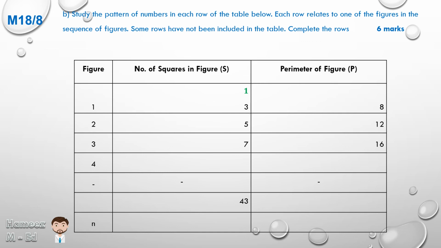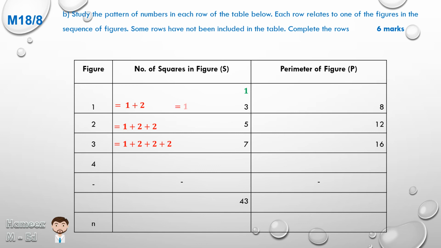So how do we get figure 1? 1, that's what we started with, add 2. How do we get figure 2? 1, add 2, add 2. That'll give us the 5. Figure 3, 1, add 2, add another 2. That will give us 7. So we're seeing a little pattern here. Let's see if we can write that a little shorter.